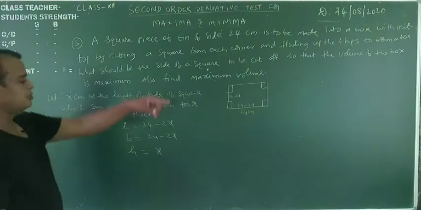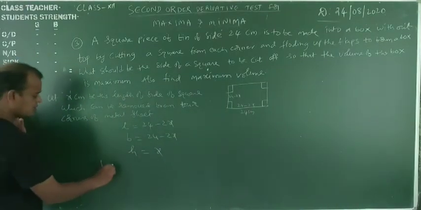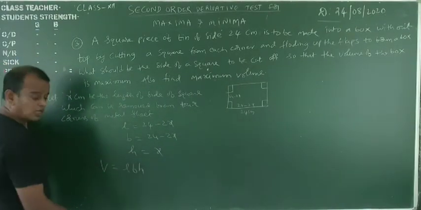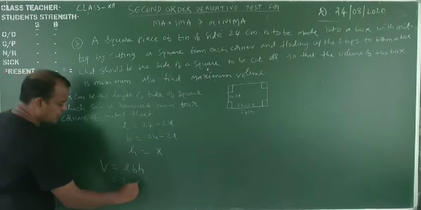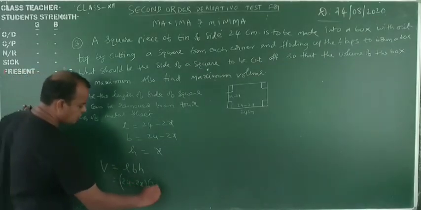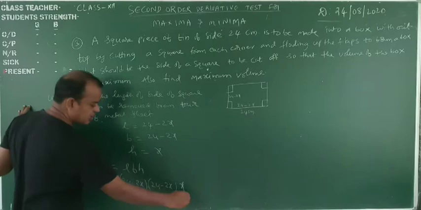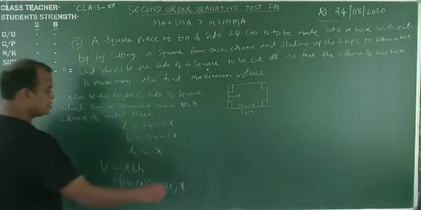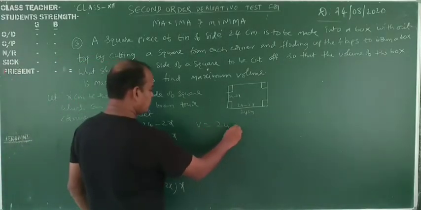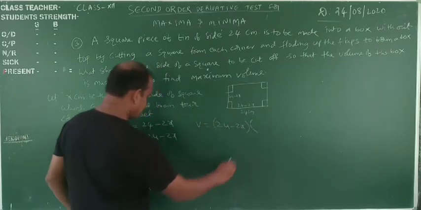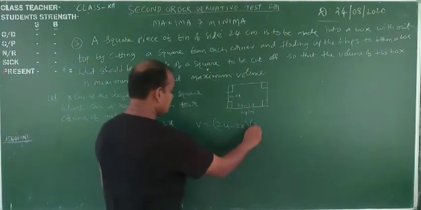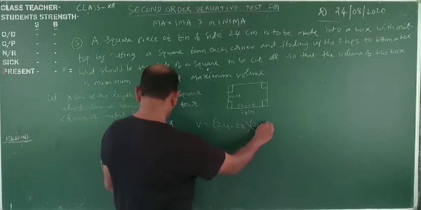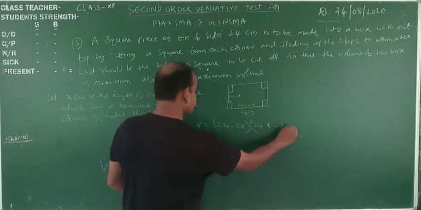Now we are asked for the volume. The formula is LBH. Volume V is equal to 24 minus 2x into 24 minus 2x into x. Now V is equal to 24 minus 2x into, multiplying by x, 24x minus 2x square.